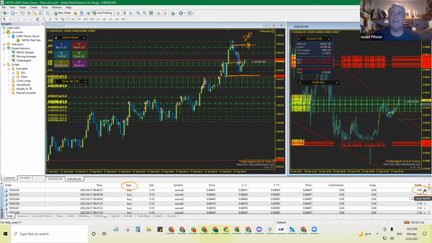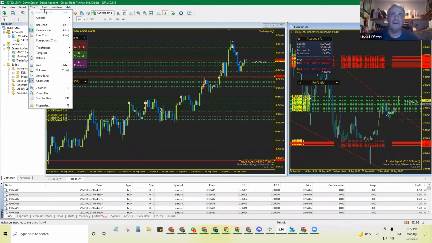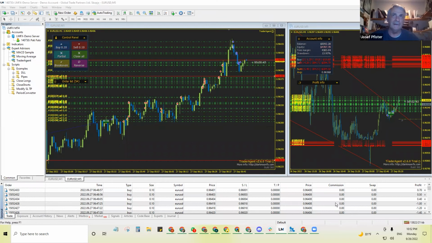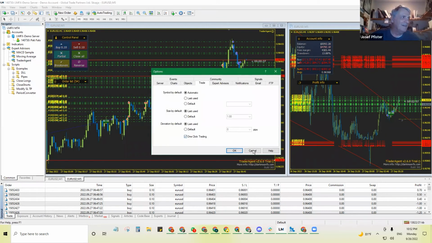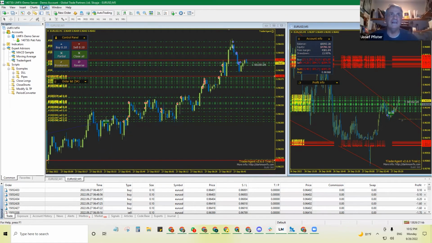It's popping up a menu. It wouldn't allow me just to close them out. I had to go through a menu and do like three or four different steps. Oh, because you have to have the one-click trading. Is that what it is? Maybe I have to do that.